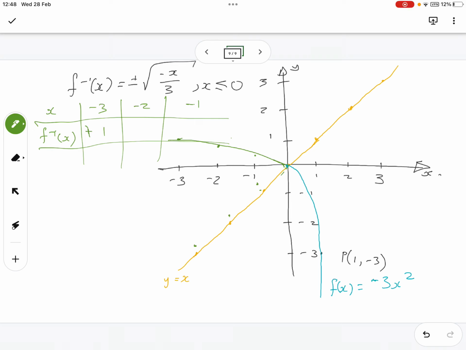So the curve would look something like that. Maybe like this, and then I need to redraw this. Let me just erase that. Okay, since I've erased that and that, this would be.